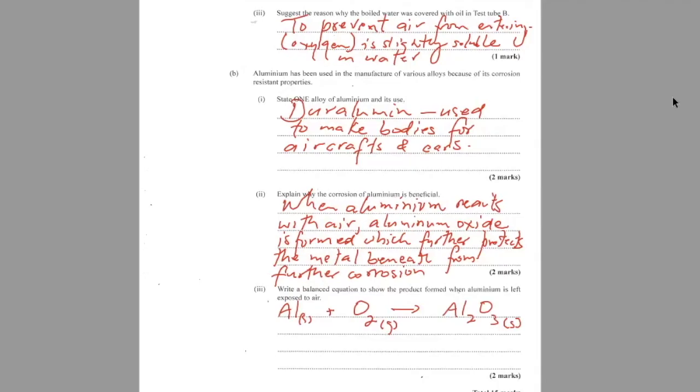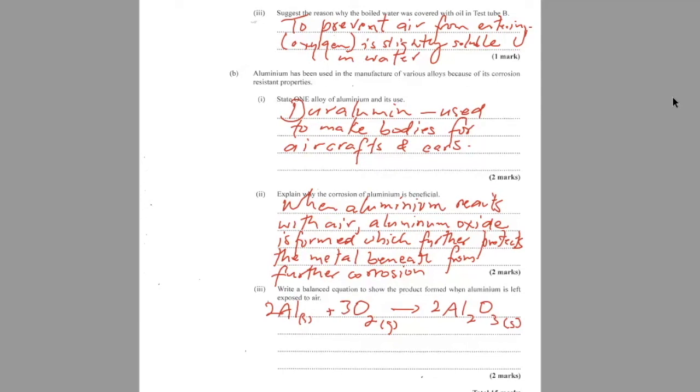So in order to balance, let's start with 2 aluminum on the left, 2 on the right. So we have 3 oxygen on the left, 2 on the right. LCM of 2, 3, 6. So we'll need 3 right there, and we need 2 right there.